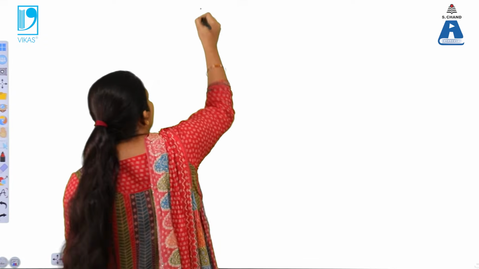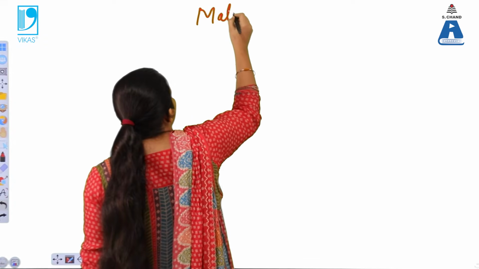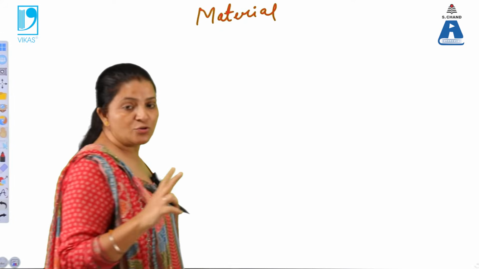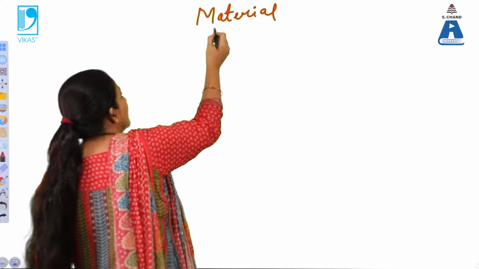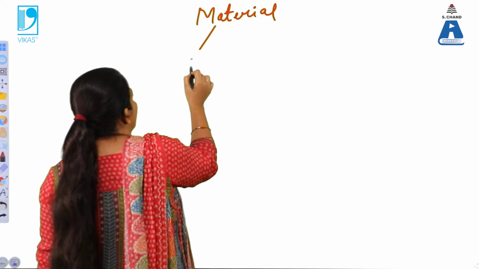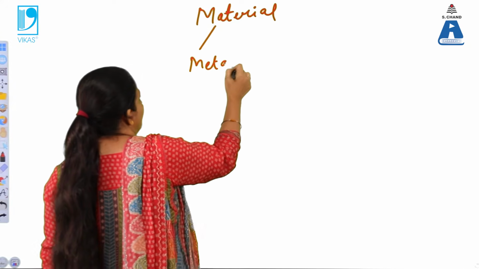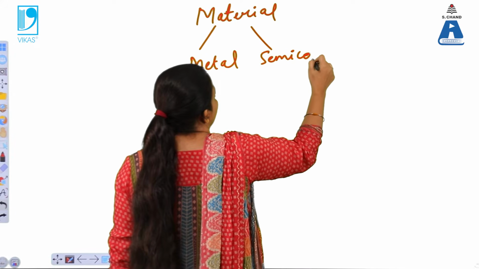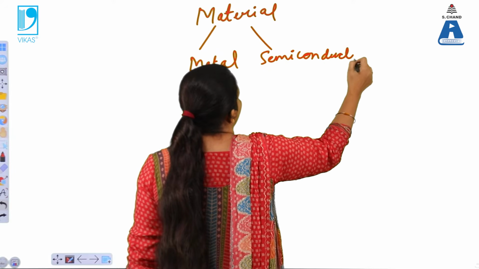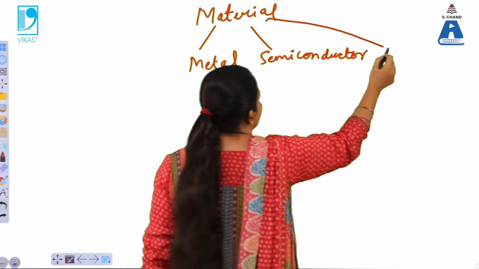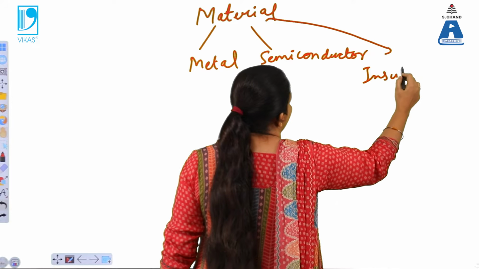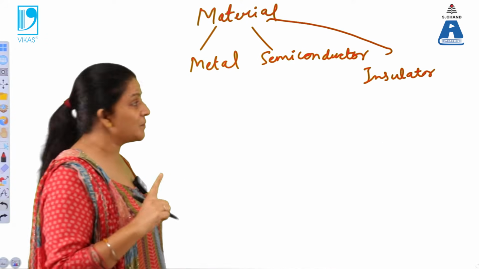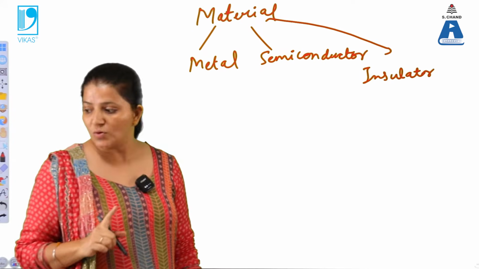So the material can be of three types: metal, semiconductor and insulator.